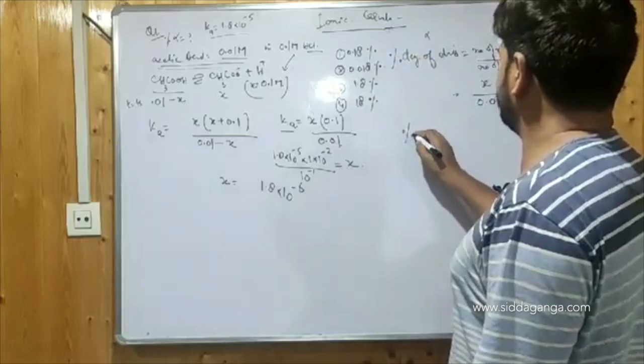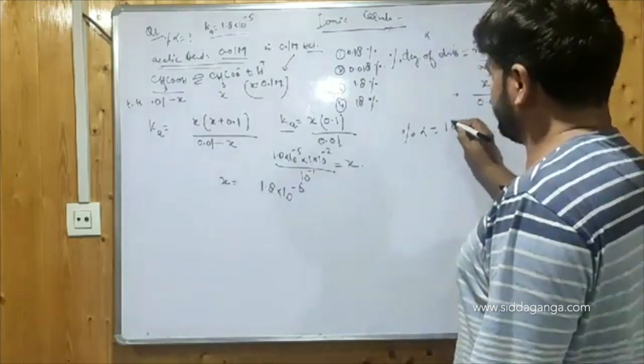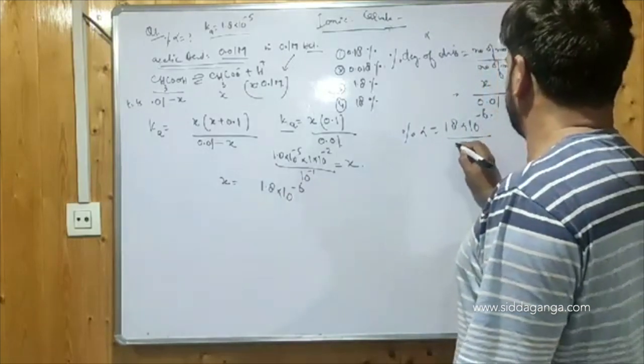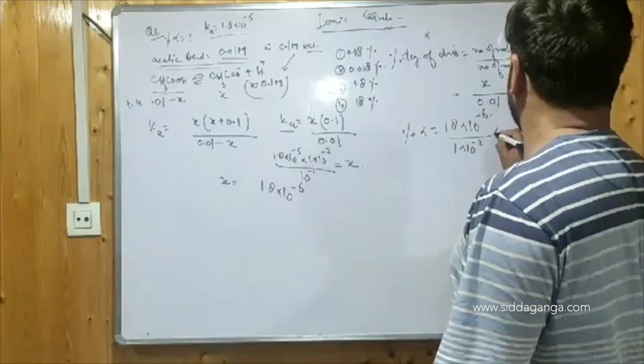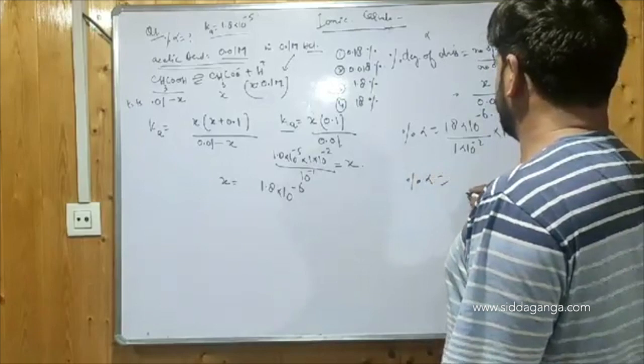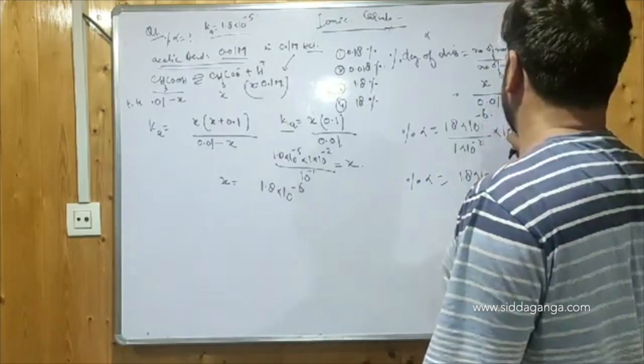So percentage alpha will be equal to x. What's the value of x I got here? 1.8 into 10 to the power minus 6. Right? Divided by 1 into 10 to the power minus 2 into 10 to the power 2. So percentage degree of dissociation will be 1.8 into 10 to the power minus 6, 2 will be minus 4.